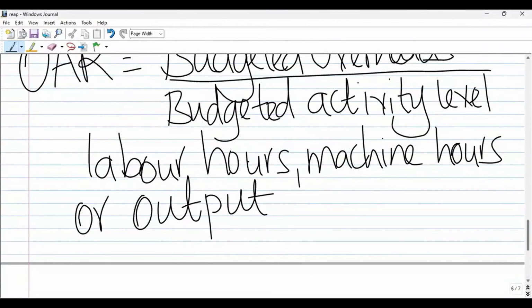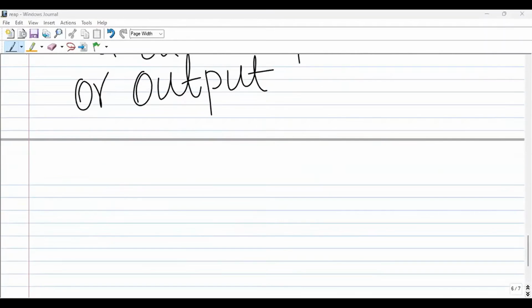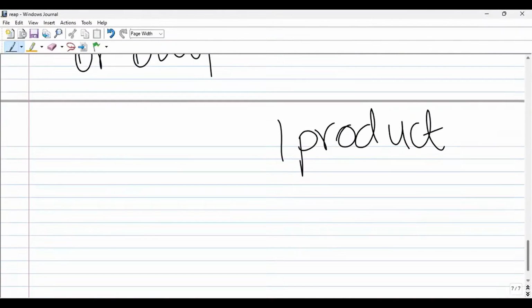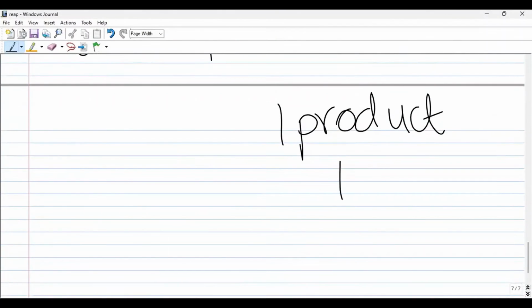You'd find a manufacturing organization producing maybe one product, like Pick Fair was producing only books. That was their output. They only had a few items. Now, that is the history of the traditional costing system.